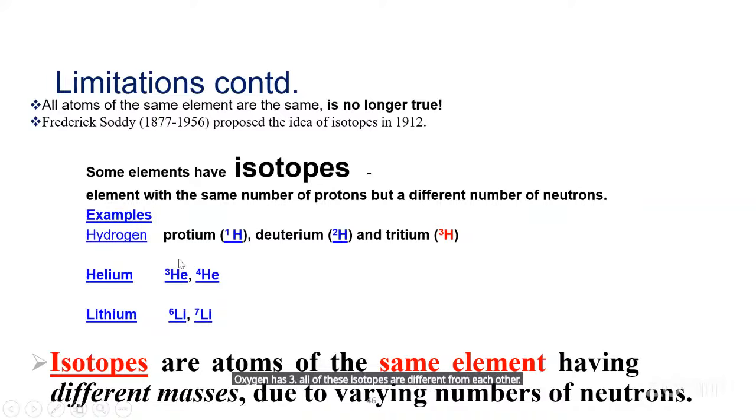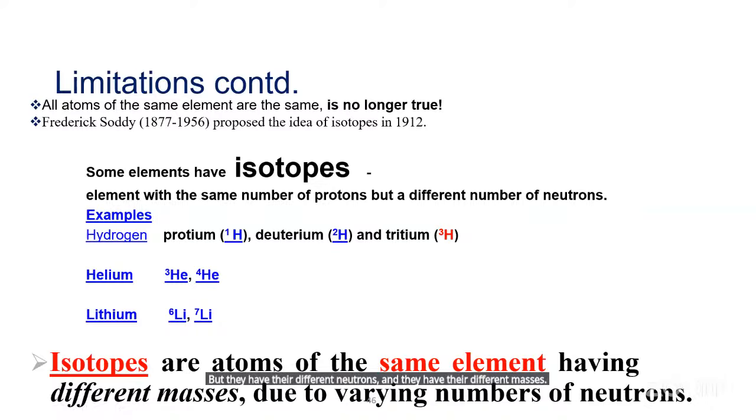For example, we look at protium in hydrogen. It is different from deuterium, and deuterium is different from tritium. So these things are not the same. Yes, they are atoms of the same element, which is hydrogen, but they have different numbers of neutrons and different masses.